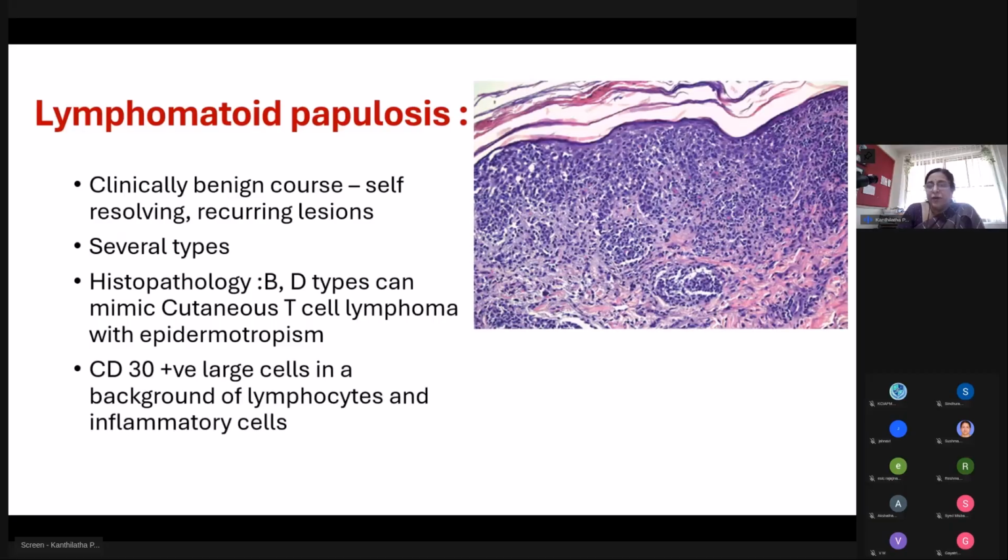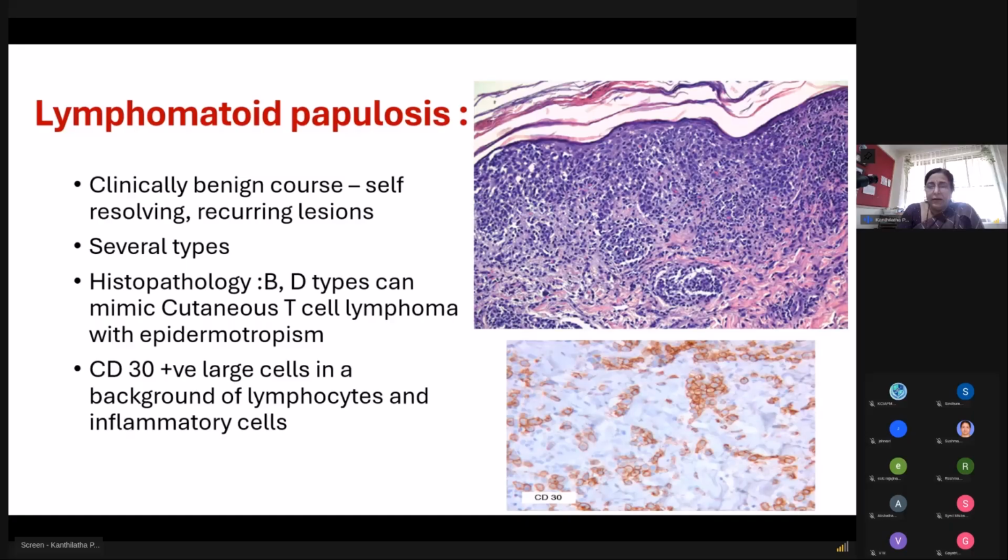So this is lymphomatoid papulosis. You can see it can very closely mimic CTCL or mycosis fungoides with the top heavy infiltrate and epidermotropism. And in this case, you have CD30. So in the skin, CD30 positive lymphoproliferative disorders include lymphomatoid papulosis and ALCL. So in this case, you can see a lot of CD30 positive cells.